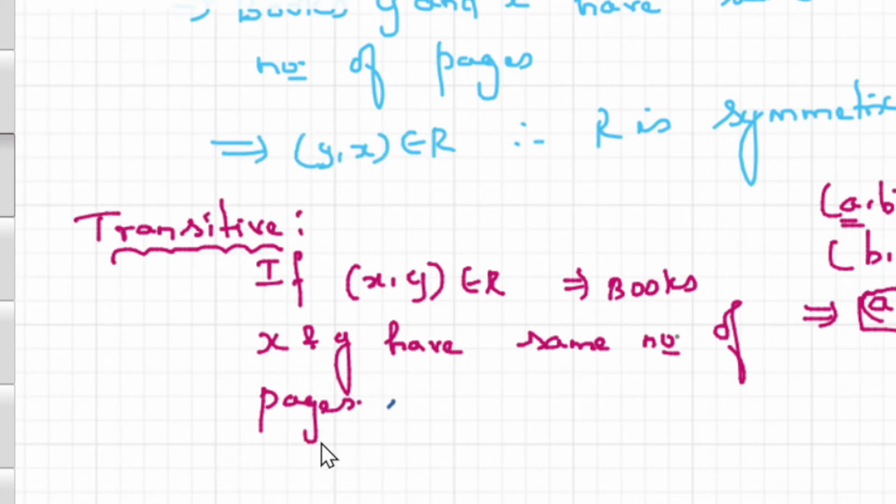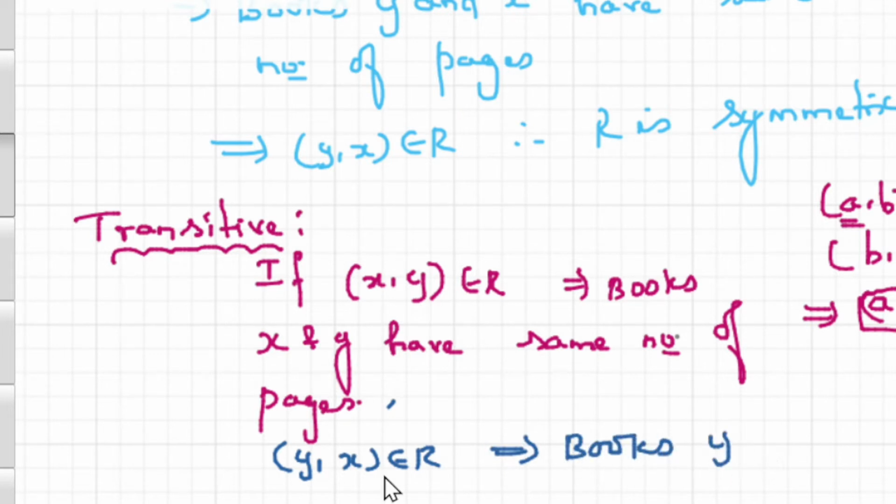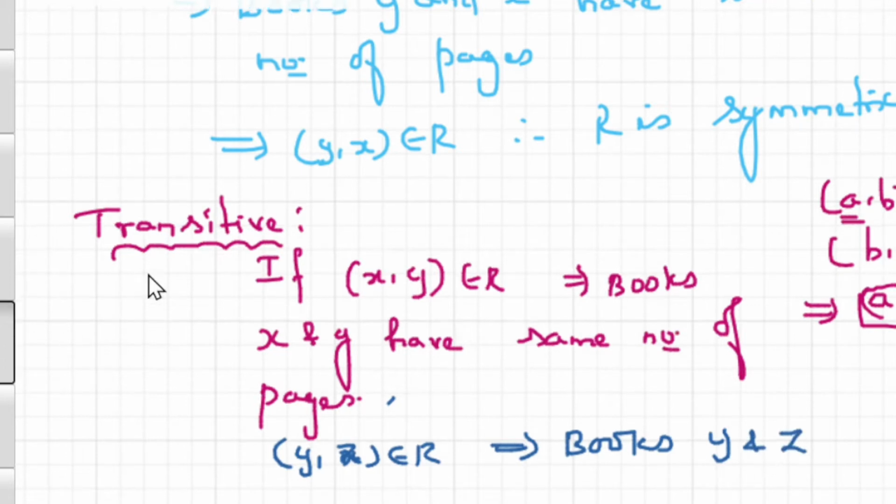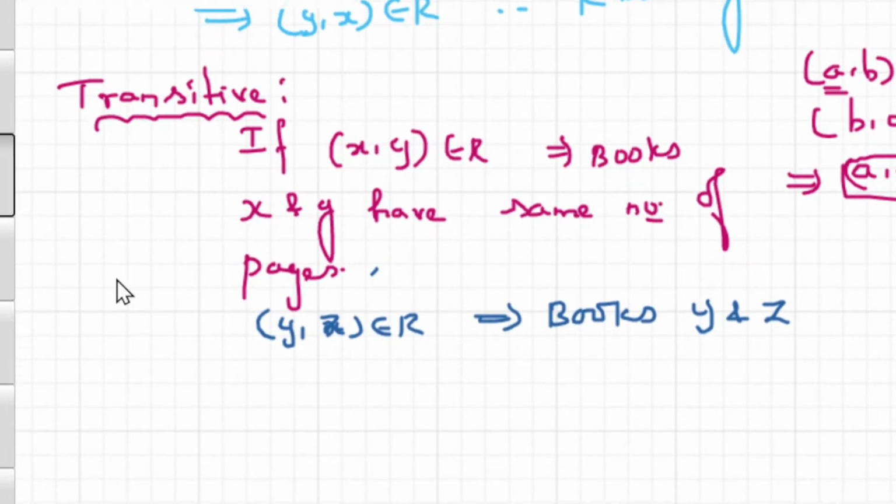Then next we consider (y, z) belongs to R. That implies books y and z have the same number of pages.